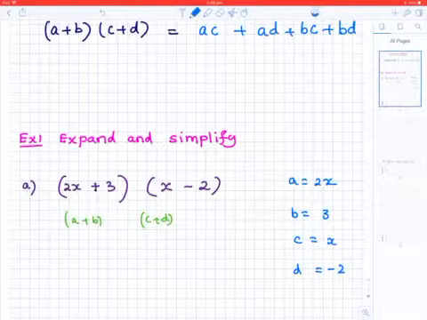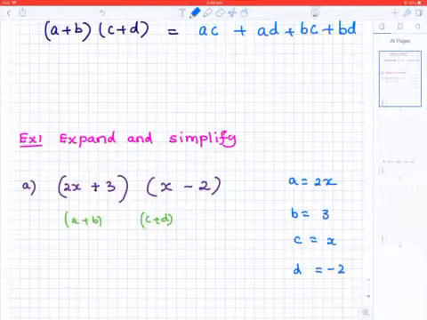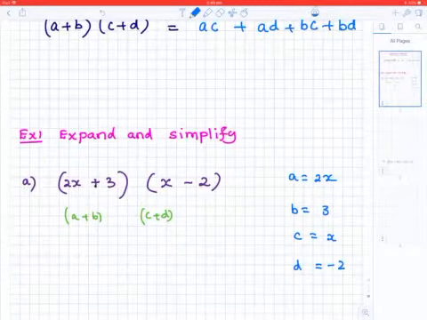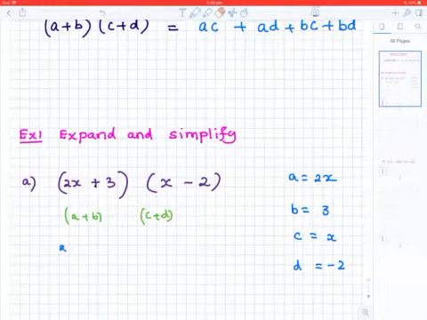Now you can write the formula and then substitute straight away. I told you before, you don't need to memorize the formula, you have another method too. But let me use the formula first, then I show you another method.